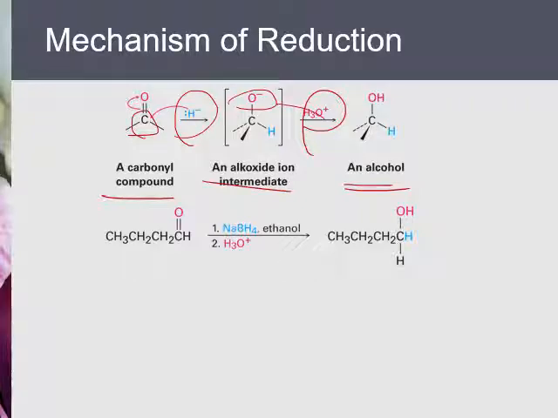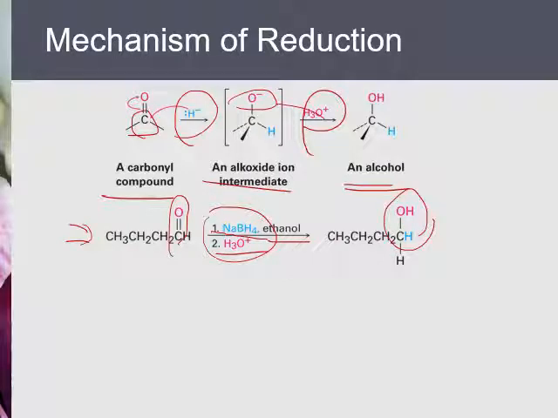An example here is butanone, which has a C=O double bond, treated in 2 steps: sodium borohydride in ethanol solution, followed by acid protonation. If you combine these 2 steps, the C=O double bond becomes an alcohol.